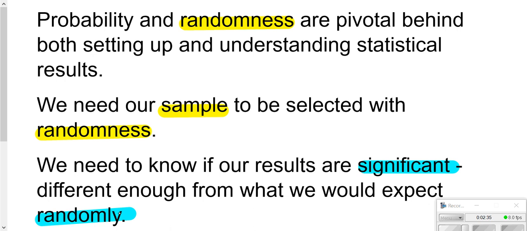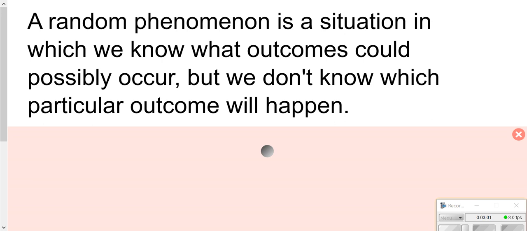Is it different enough from what we would expect with random variation? That is our question. If the answer to that is yes, then our result is said to be statistically significant. But that really comes down to what we can expect through probability, right? What would be the odds that I would just have a better allergy season anyway? So we're comparing that to what we would naturally understand to happen.